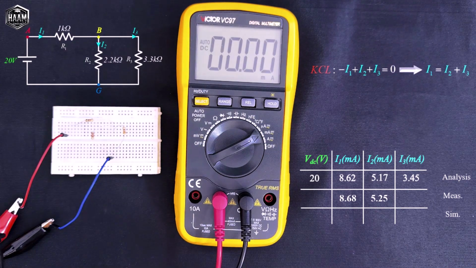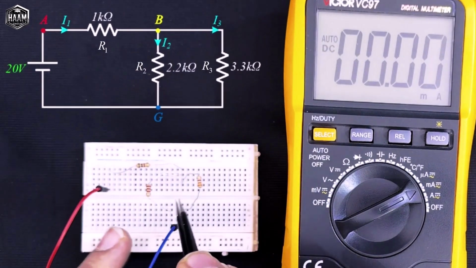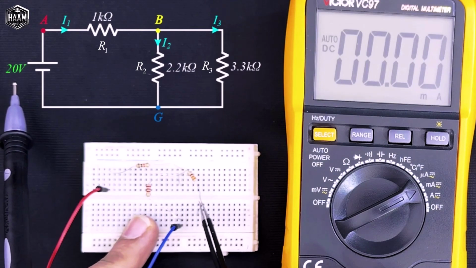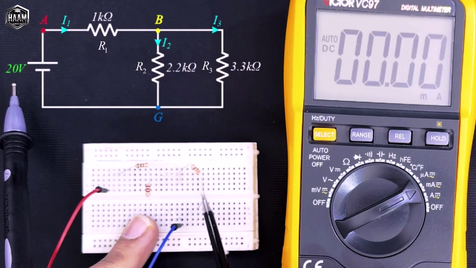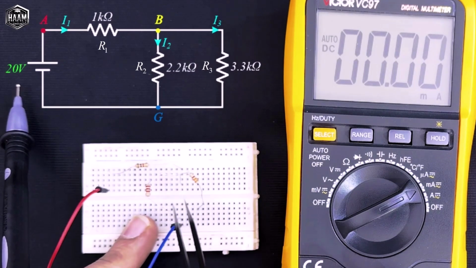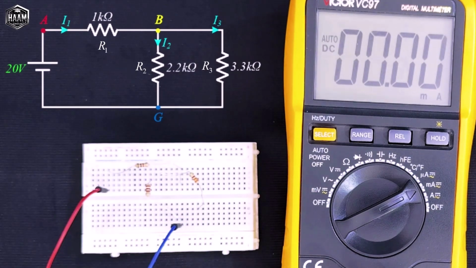Now let's move on to resistor R3 and measure I3. Now I can again disconnect this leg, just to show you it doesn't matter which leg, and place it into a new column. And then I proceed to measure the current value.